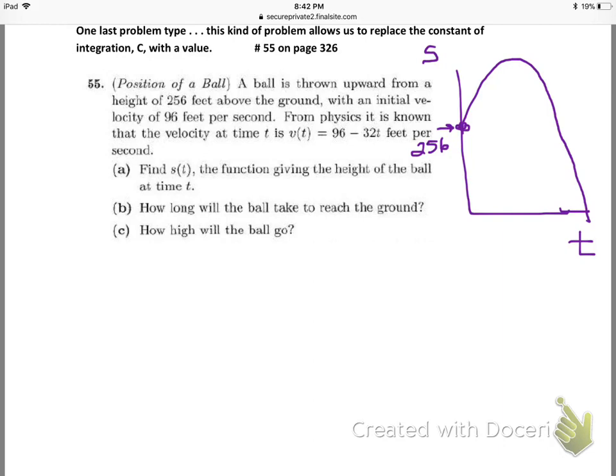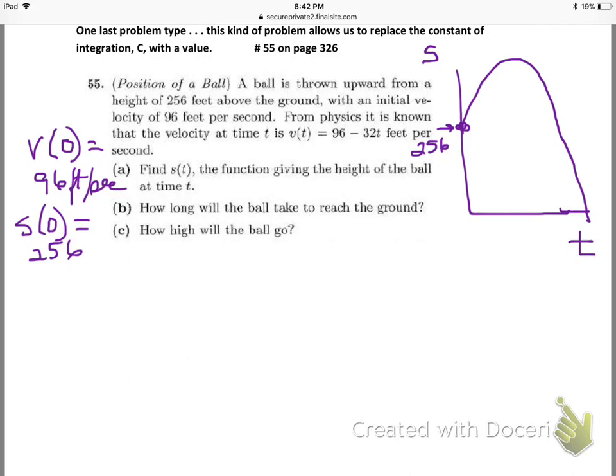What else do I know? I know that the velocity initially, so that's at time 0, is going to be 96 feet per second. I also know the position initially at time 0 is 256. Okay, so I know those two things. From physics, it is known that the velocity at time t is v(t) equals 96 minus 32t feet per second.